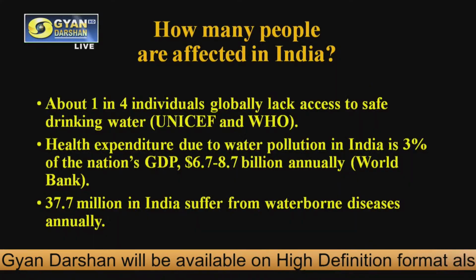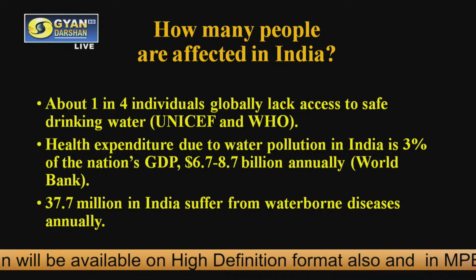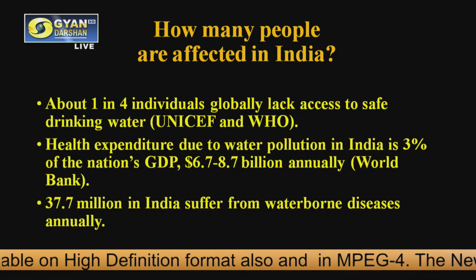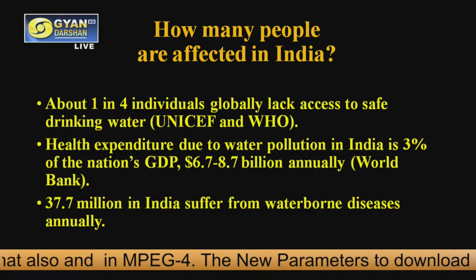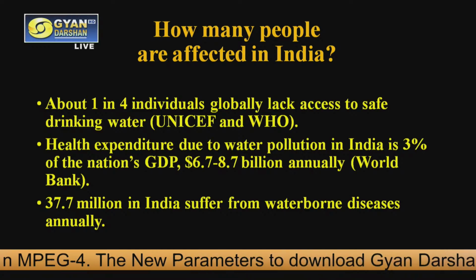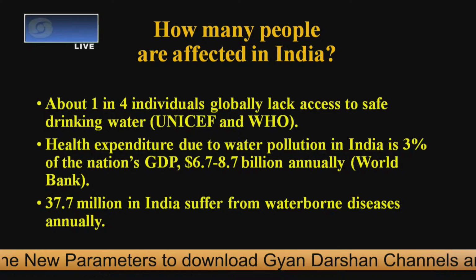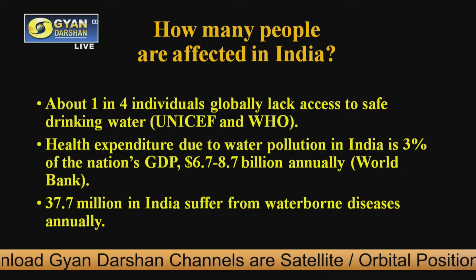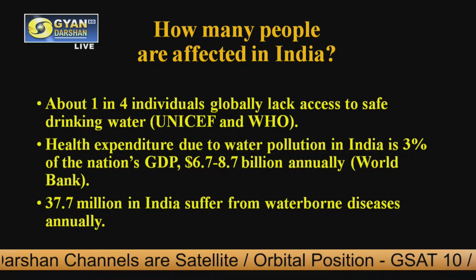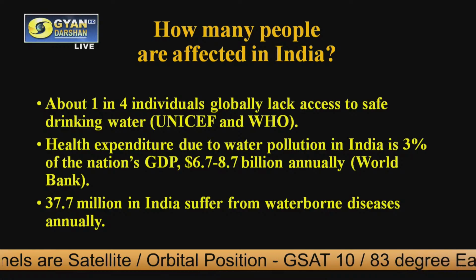So that was globally. How many people are affected in India? In India also the numbers are quite shocking. About 1 in 4 individuals lack access to safe drinking water, as put forth by UNICEF and the WHO. The health expenditure due to water pollution in India is 3% of the nation's GDP, approximately $6 to $8 billion annually.